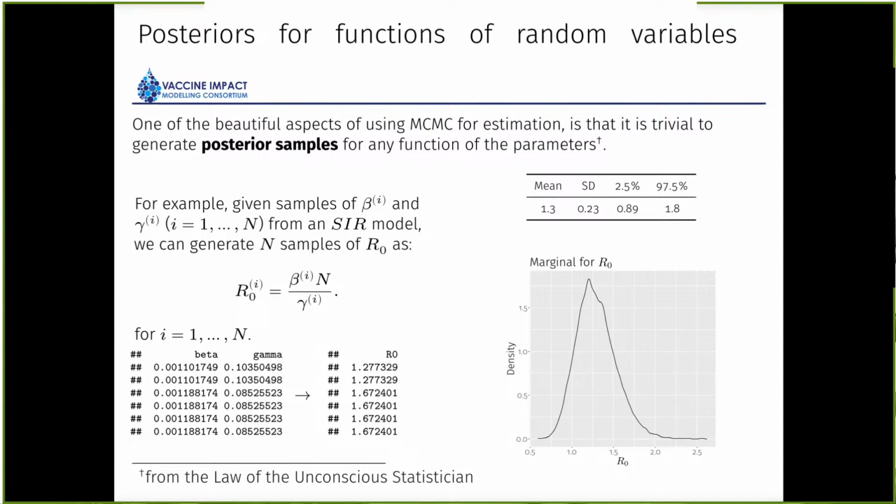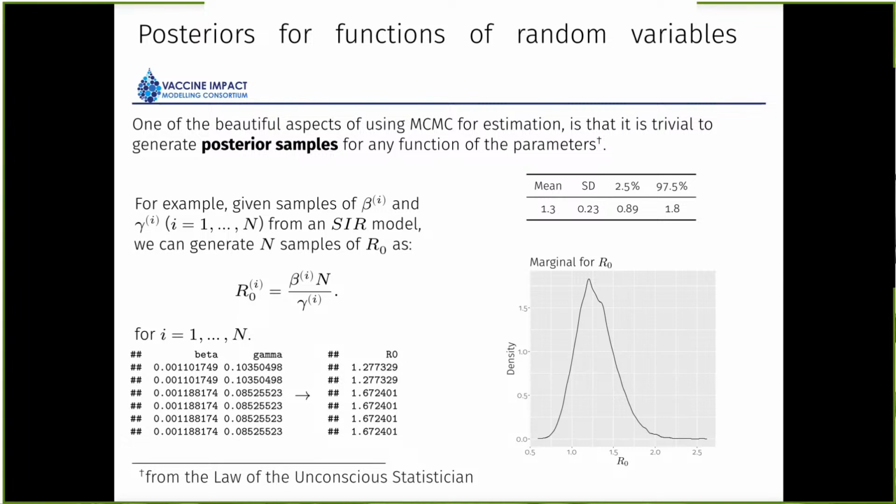But the other really nice thing is that quite often we might want to generate posterior samples for functions of the parameters, not just the parameters themselves. An example in this SIR model is, let's say that I want to generate an estimate for R0. R0 is not a parameter in my model.